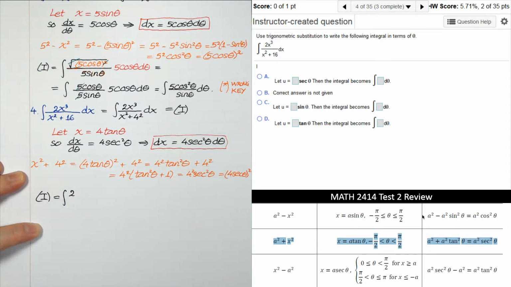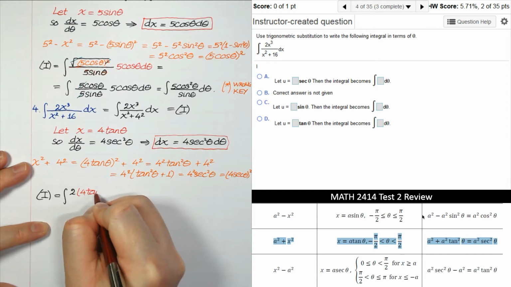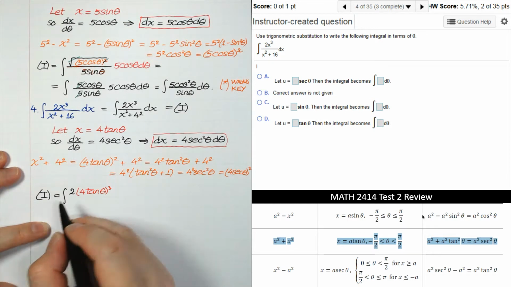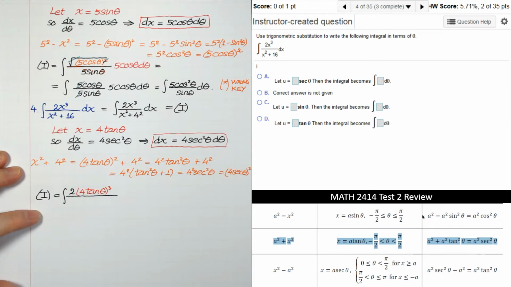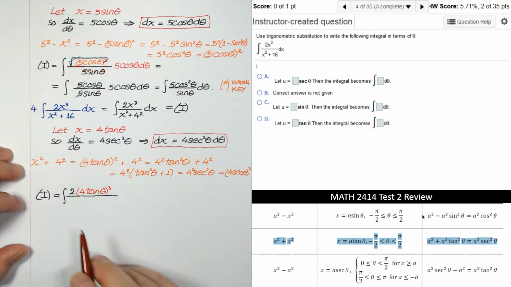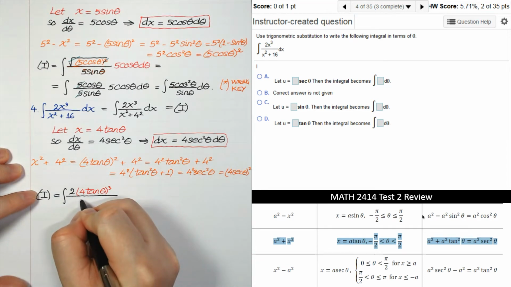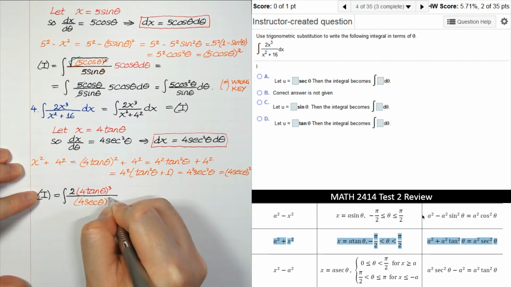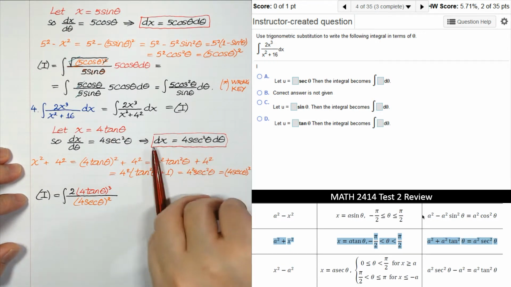Two x cubed, this is x cubed. x squared plus 4 squared is this one squared. dx is that.